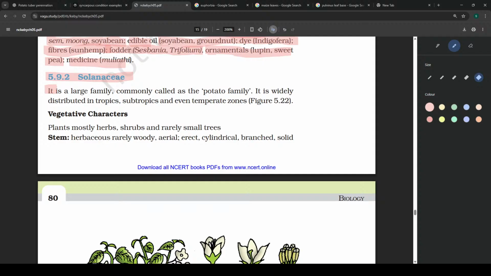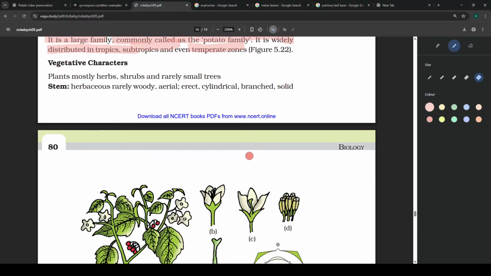Solanaceae family, it is a large family commonly called the potato family. It is because potato is a part of this family. It is widely distributed in tropics, subtropics, and even temperate zones. Vegetative characters: plants mostly herbs, shrubs, and rarely small trees. Stem herbaceous, rarely woody.